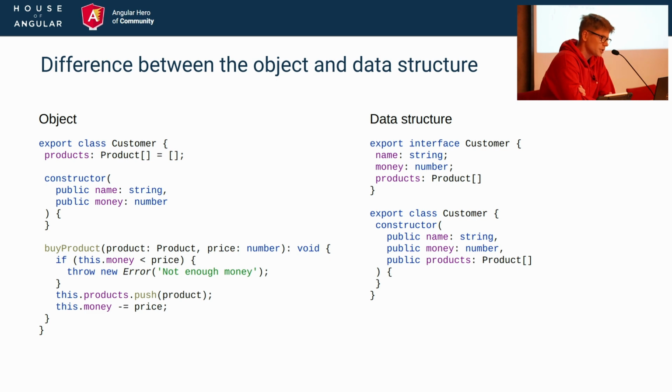So you can express a data structure by using interfaces or classes. Even if you create a class with public properties, it will not be an object, because the reason for having that class is not keeping behavior inside, but only the data. So you can use them equally and say that these are data structures.